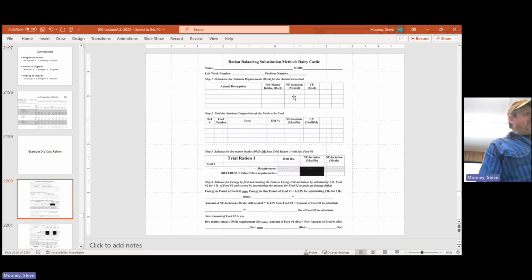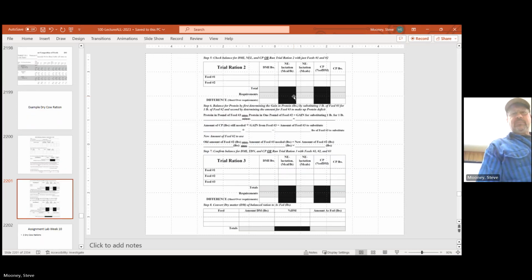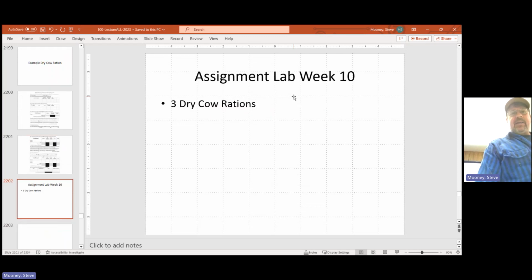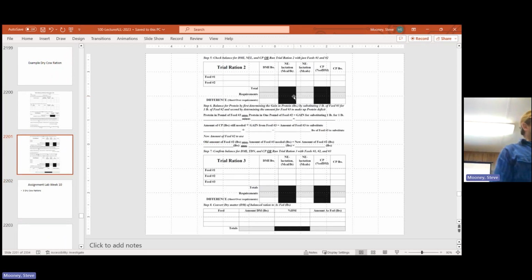We'll be using this form, front and back, and your assignment at the end of it all, remind me to give the handout. You've got 3 rations that you'll be doing as a homework assignment over the next week. So what I'm going to do is bring up a blank form.